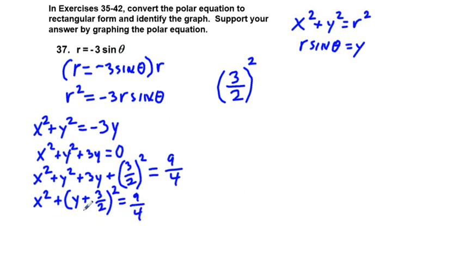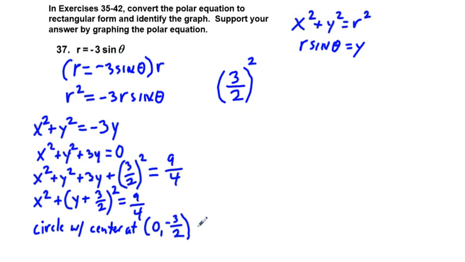And identify the graph. Well, the graph is a circle with center at the coordinate pair 0, comma, and we have x plus 3 over y plus 3 over 2, so that's going to be negative 3 over 2.